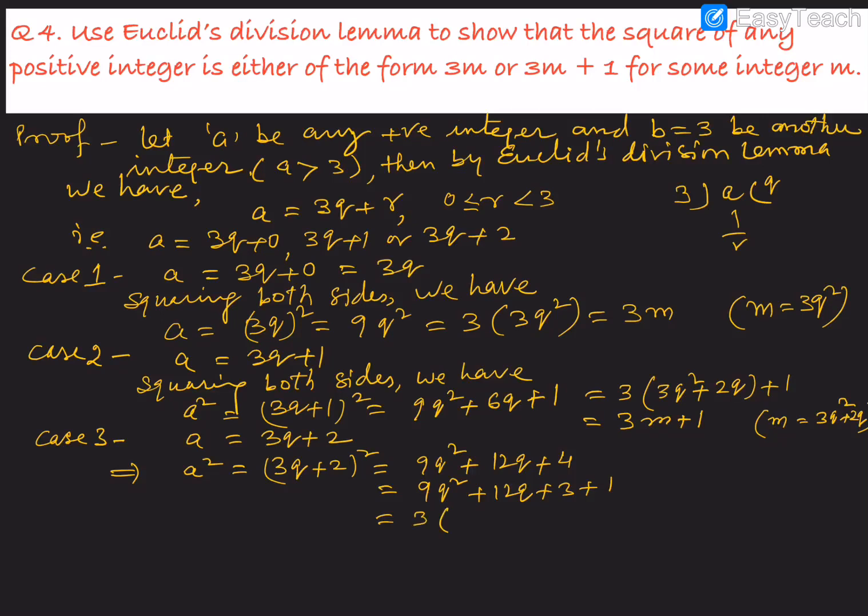Take 3 common, we get 3 times 3q square plus 4q plus 1, plus 1. We can write it as 3m plus 1, where m is 3q square plus 4q plus 1, a new integer.